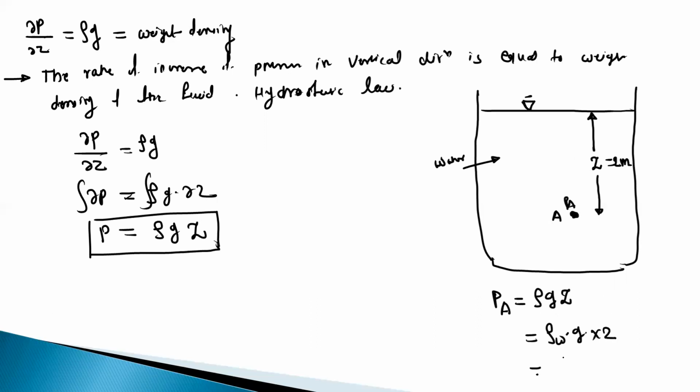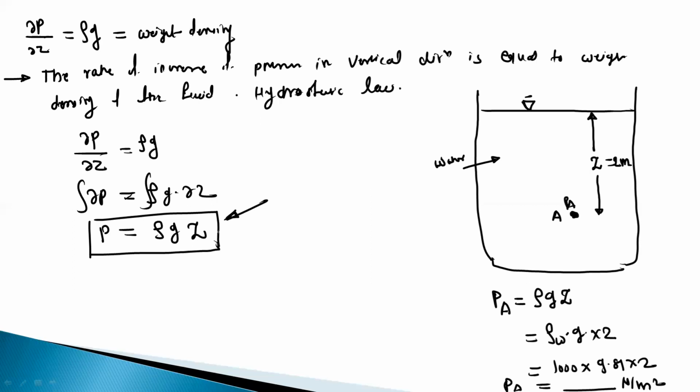Okay, so rho is 1000 for the water, G is 9.81 into 2. So you will get the total value for the pressure in terms of Newton per meter square. So this is the use of the equation which we get from the hydrostatic law.